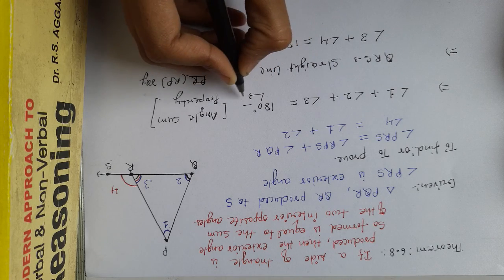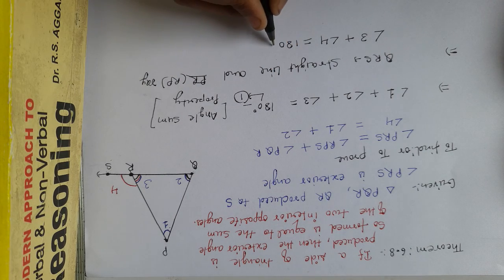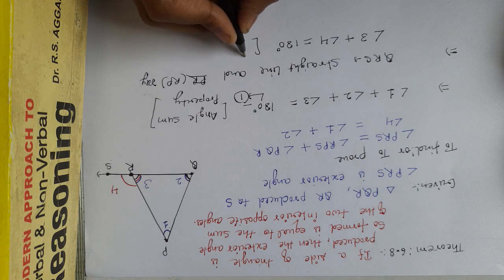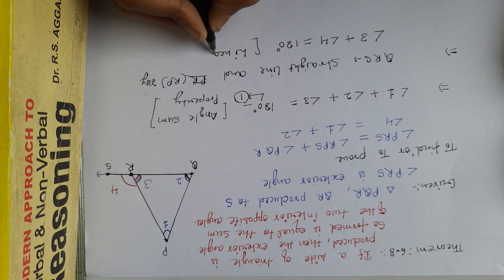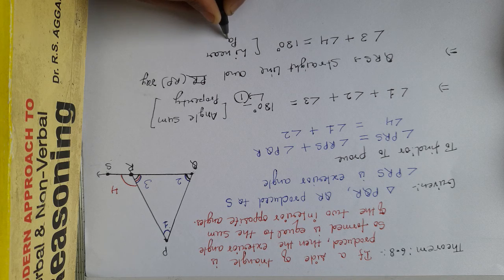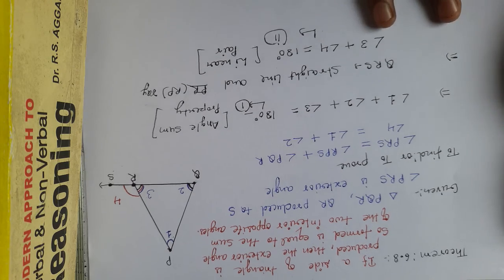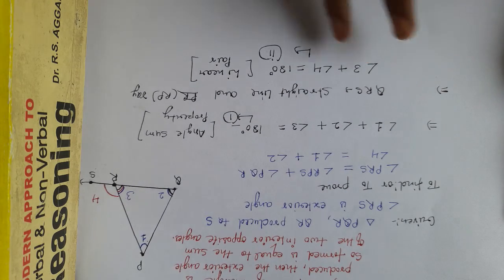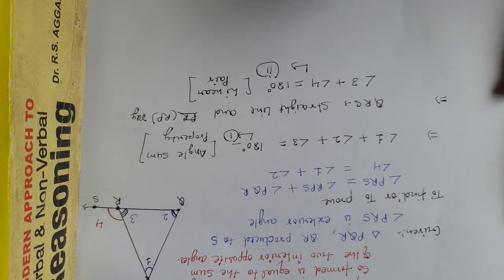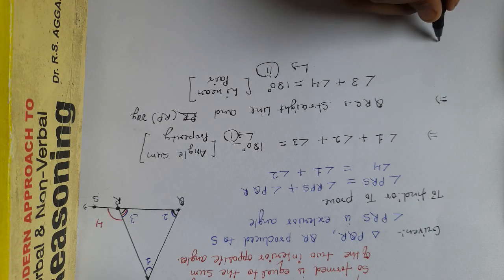You can take it as equation 1, and the reason is linear pair. Okay, so you can take this as equation 2.